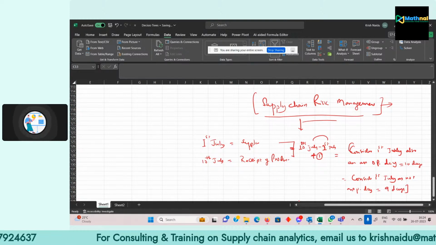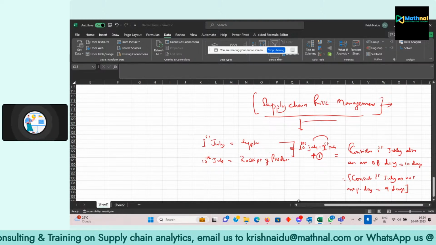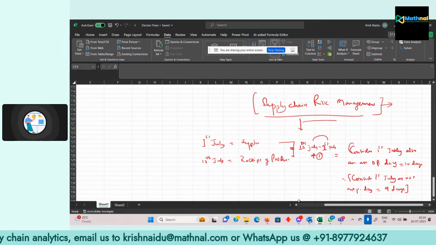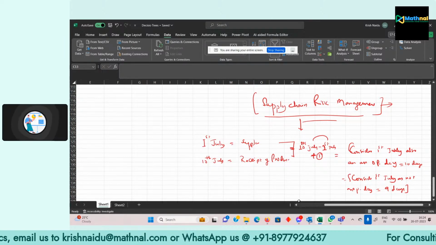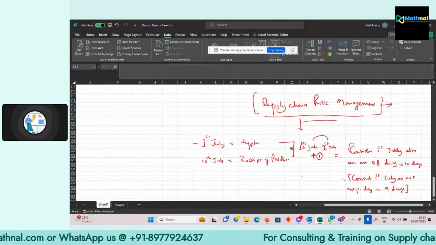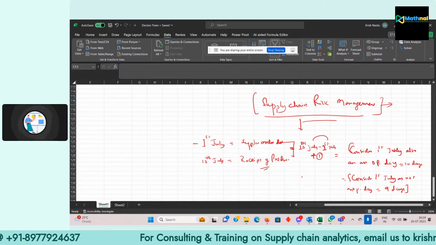It is your choice, because every company has an agreement with its suppliers, and based upon the agreements they follow the measurement. Let's say we are taking plus one, so here we say 10 days. The gap between the supplier order date and the product receipt date is called lead time.